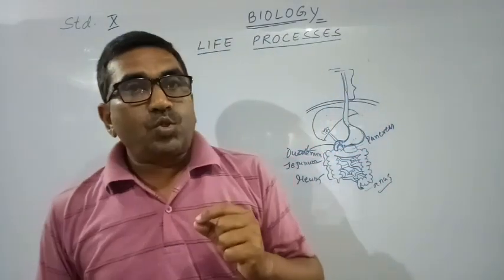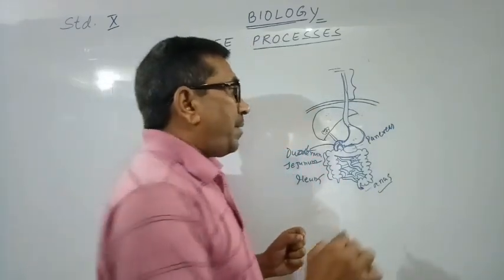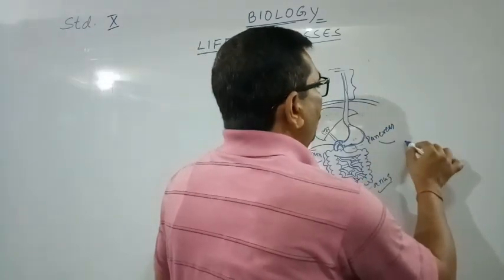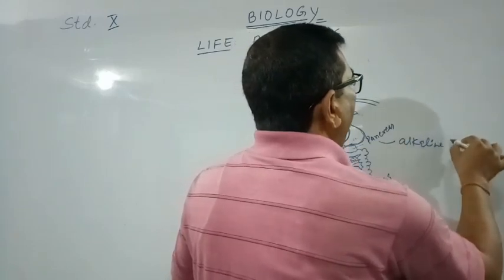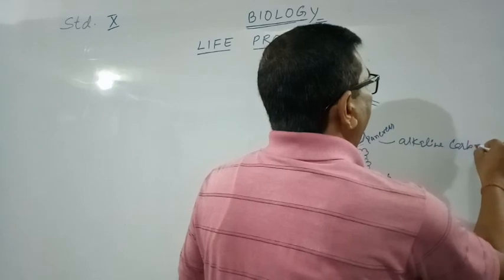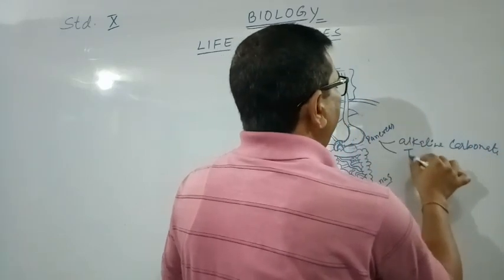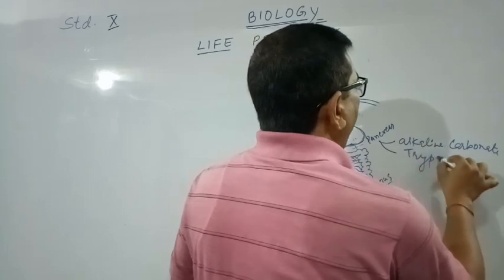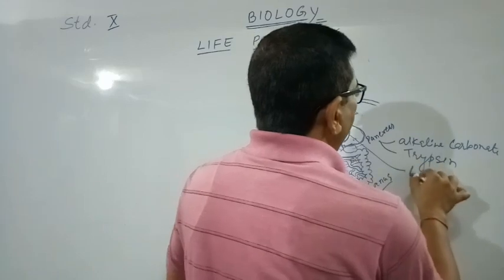Pancreatic juice contains alkaline sodium carbonate and trypsin.